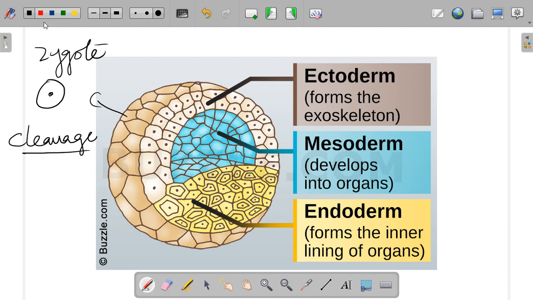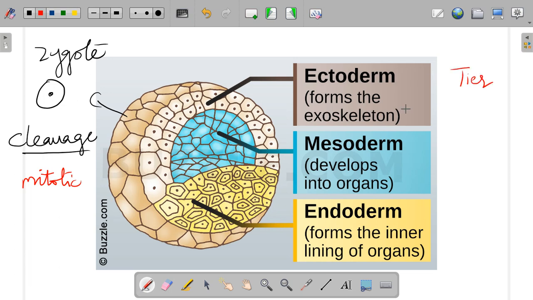which lead to the formation of a mass of cells. You can see this zygote is not a single cell but many cells. So at one particular time after the division, the whole zygote looks like this, having three tiers, T-I-E-R, three divisions. One is called ectoderm, the outermost part of the embryo.